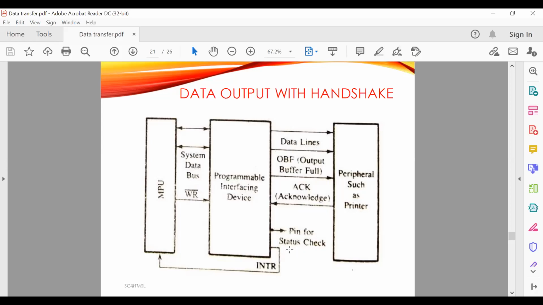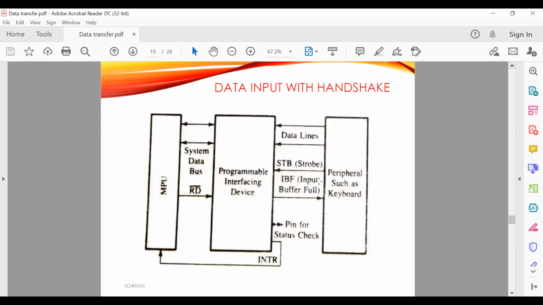So here the handshake signals acknowledge and strobe are input signals to the device and perform similar functions, although they are called by different names.